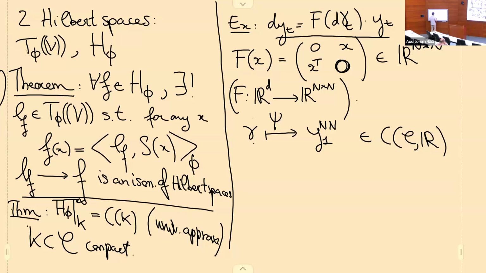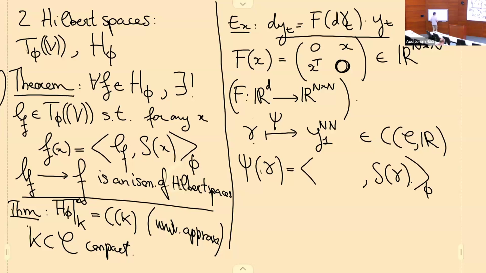But actually, what Tom and Terry and co-authors showed is that this map ψ can be realized in the following interesting way. ψ is equal to the inner product of something with the signature of γ between 0 and 1, according to a weight function φ that I will write in a second.